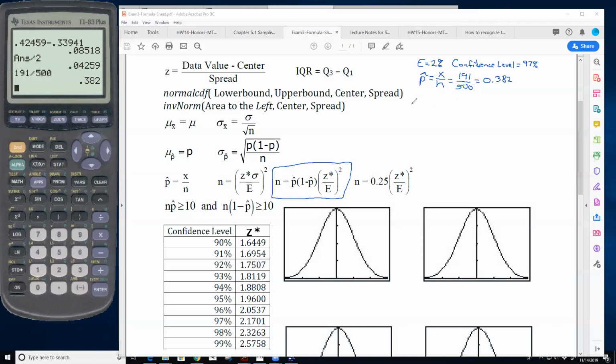So now with these sample size formulas, you've got to always show your work. So first thing you want to do is write out your formula, then underneath it, substitute the numbers in. Now, you can put that little asterisk there if you want to, or if you leave it out, that's fine too.